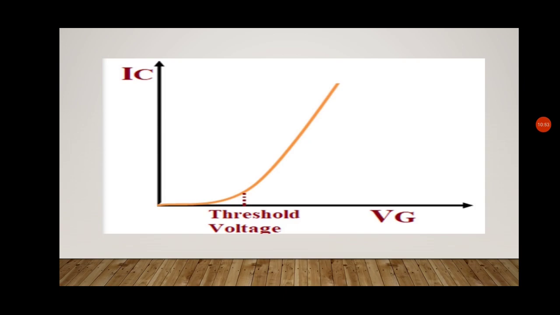But as we go on increasing VG, after a certain point a perfect channel will be formed, and there will be flow of electrons from emitter to collector, and there will be flow of current likewise from collector to emitter, and we see a sharp increase in IC after a threshold voltage which is almost equal to 1 volt for silicon.